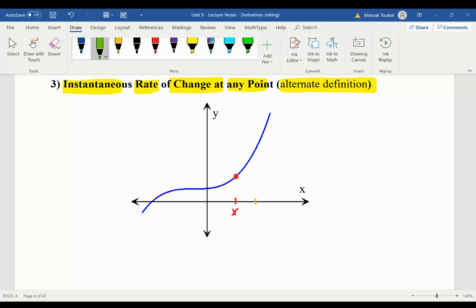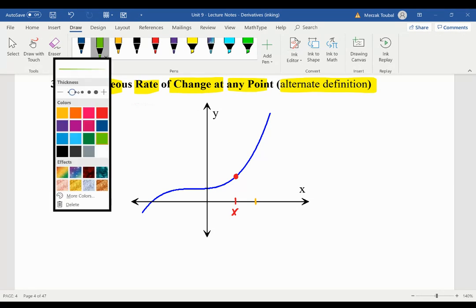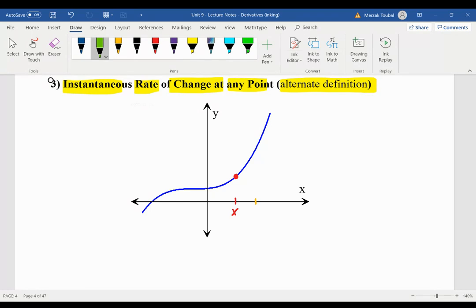So the distance, or the change in x, let's call it h. So if the change is h, it means x has changed by h. It means this point here would be x plus h. The orange tick mark would be x plus h.